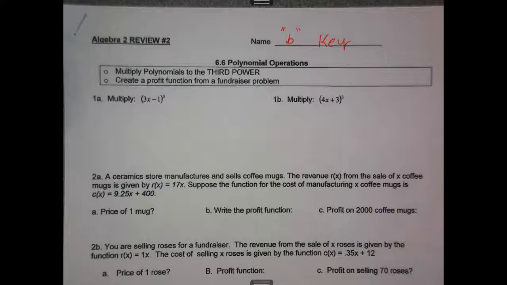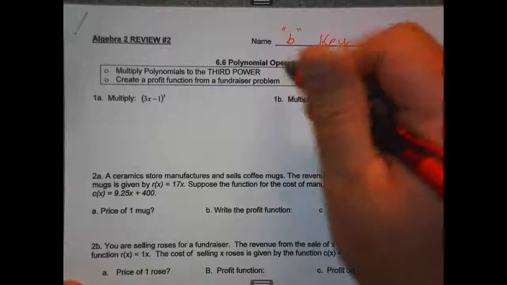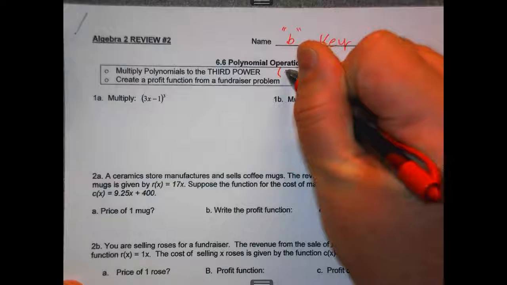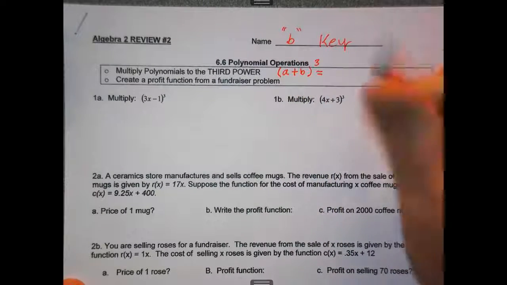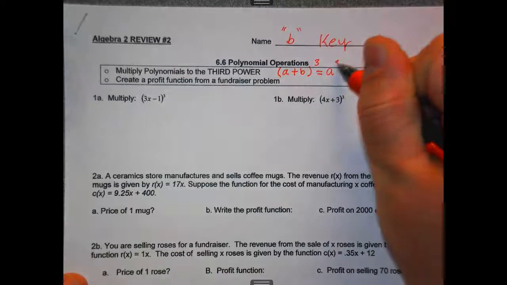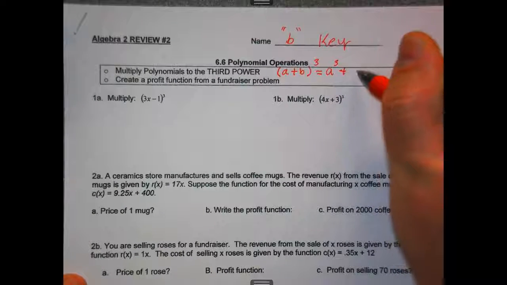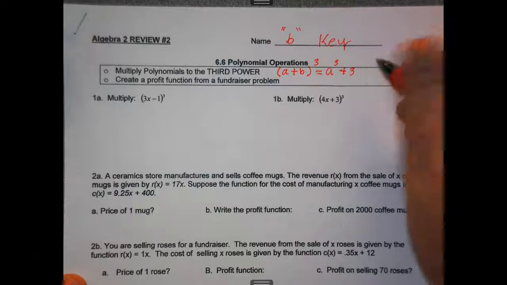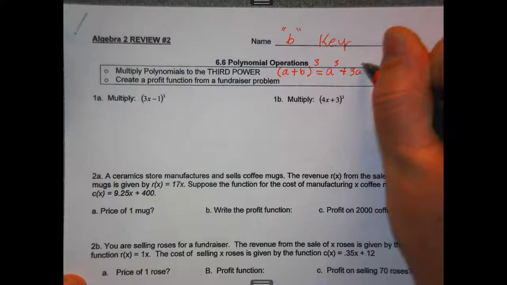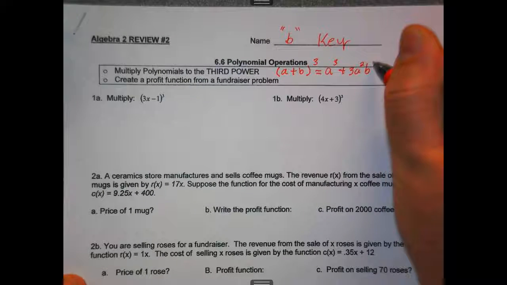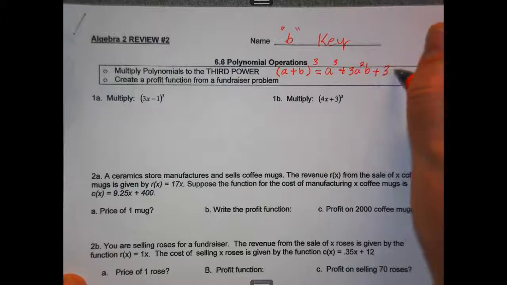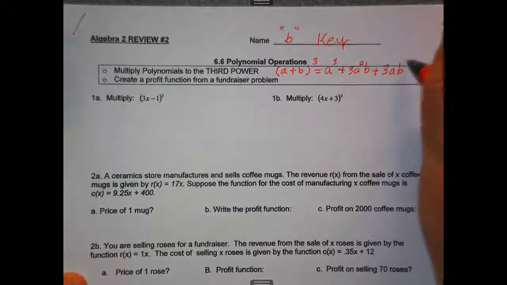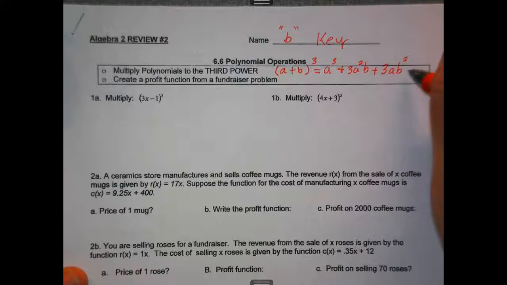Let's see, (a plus b) raised to the power 3 equals a cubed plus 3a squared b, plus 3 times a times b squared plus b cubed.